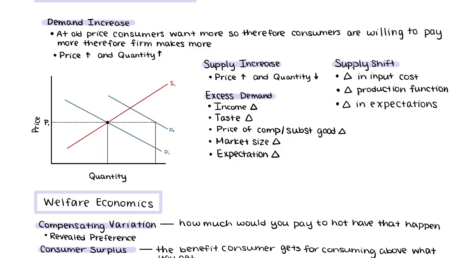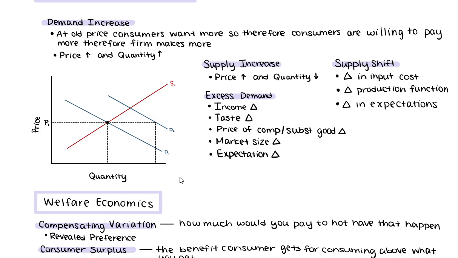So let me explain this chart. We have D1 and D2. What factors can drive D1 to D2 or D2 to D1?